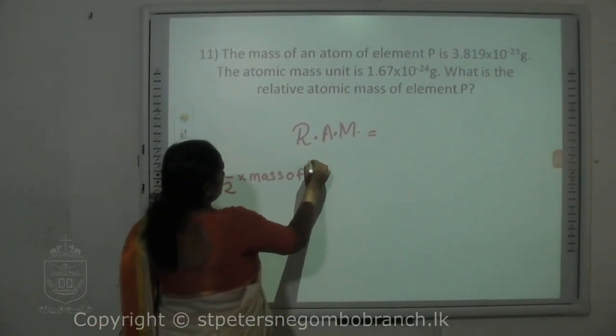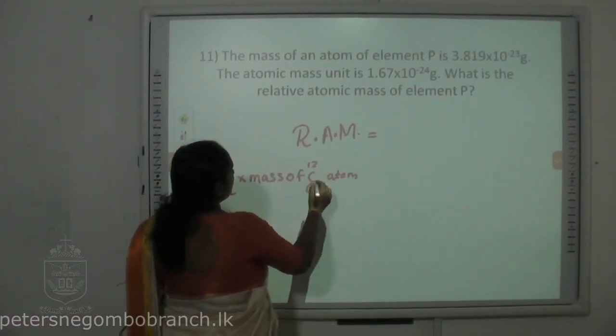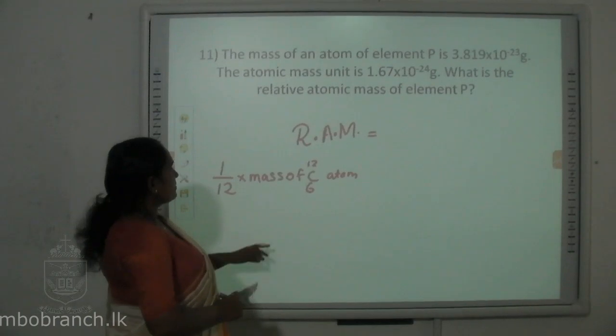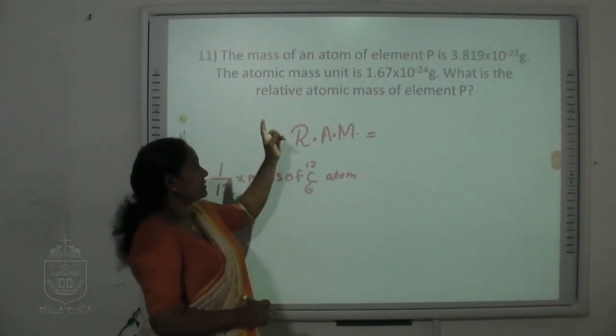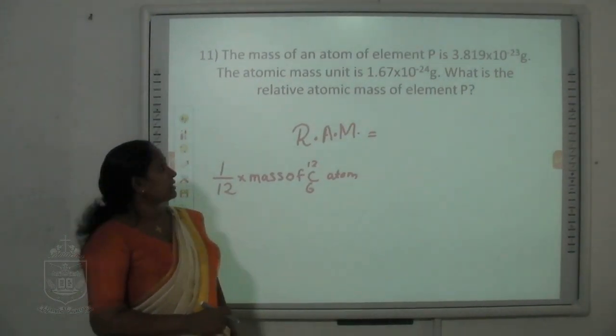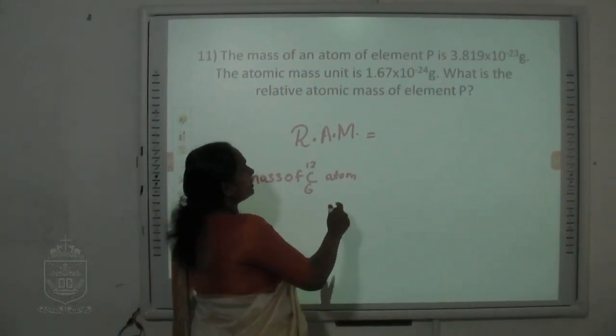If you don't know the atomic mass unit, the method we discussed last week is 1/12 into the mass of a carbon-12 atom. When we simplify and get the answer, we can get the atomic mass unit, but in this question the atomic mass unit is already given.